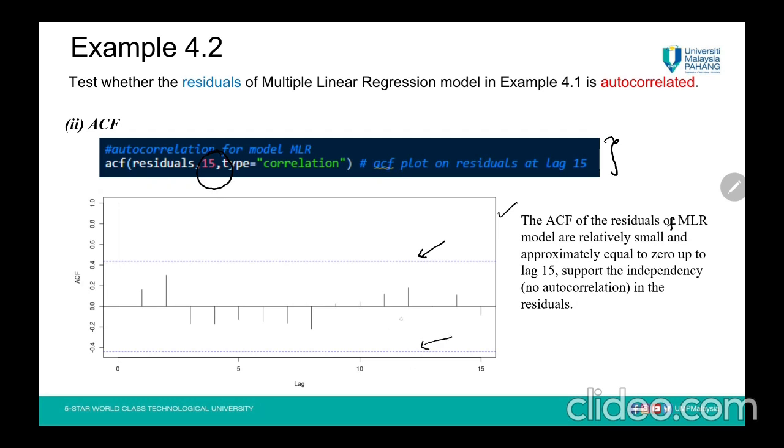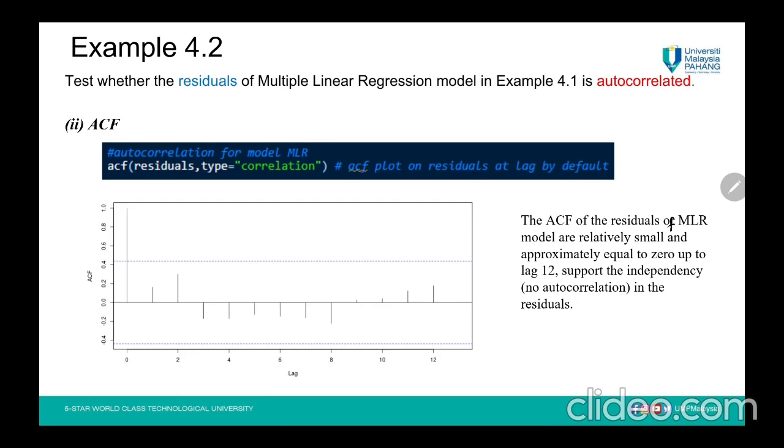So we can see that all the ACF values here are in between these two lines. It indicates that the ACF of the residuals of the MLR model are relatively small and approximately equal to 0 up to lag 15, because the lag here that we take for this case is 15. This supports the independence or no autocorrelation in the residuals.